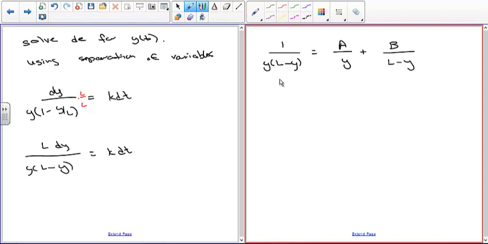On another problem. The way you do partial fractions is, when you have two terms like this, you cross multiply to get a common denominator. So you'd have a times (L minus y) plus b times y, all divided by y times (L minus y).